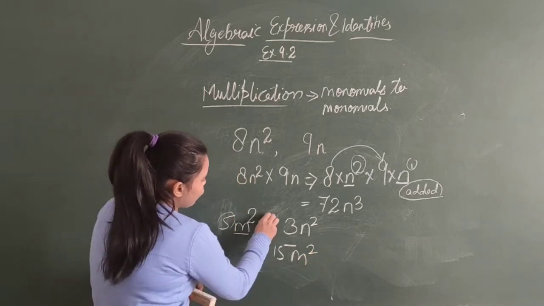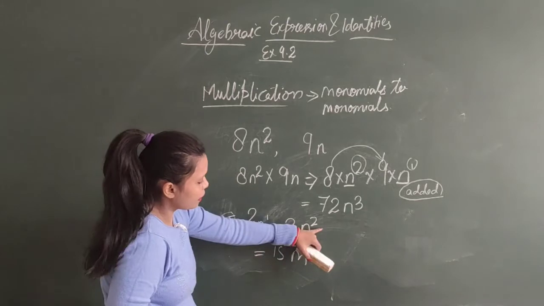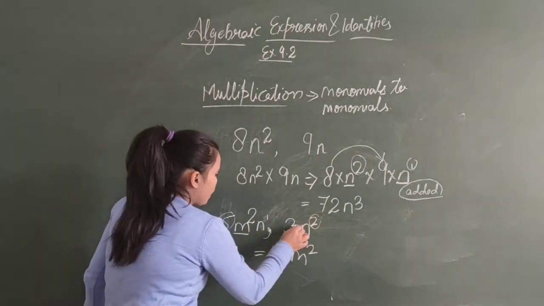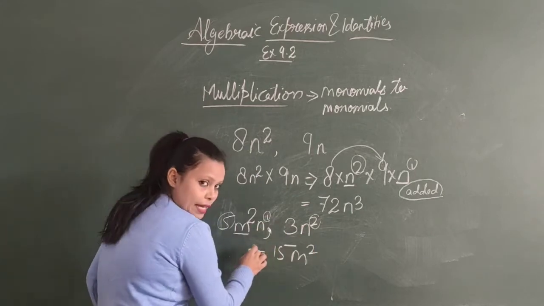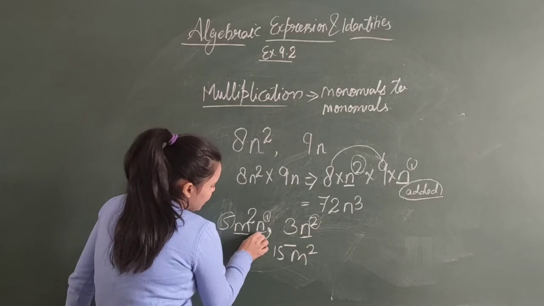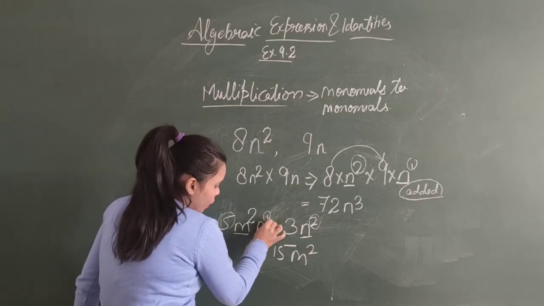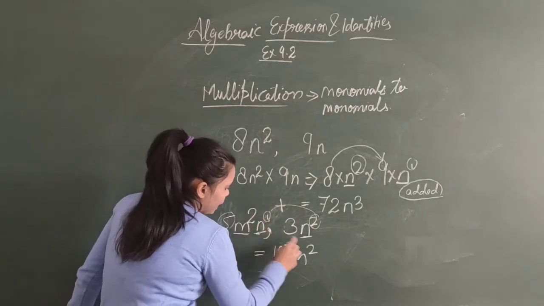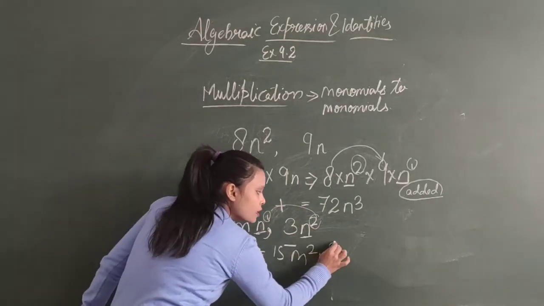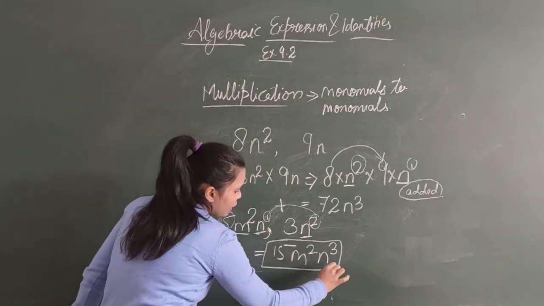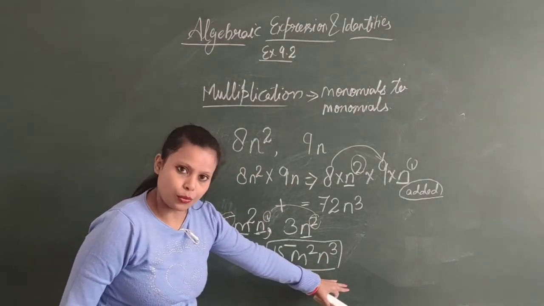Here the power of n is 1 and here the power of n is 2. So 2 plus 1, because they are getting multiplied, the power will get added. So n to the power 3, 2 plus 1, 3. So the answer will be 15m square n cube.